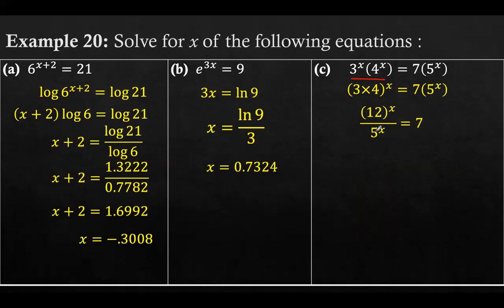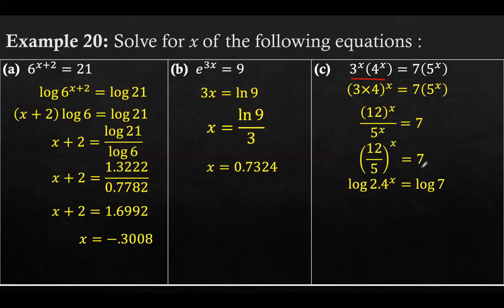Since the power is the same, we can divide the base. Now we simplify like this. Then we take log on both sides. So log 2.4 to the power of x equals log 7. How do we get 2.4? 12 over 5 is 2.4. So you take log for both sides, because we cannot find the common base, so we have to use log to solve.